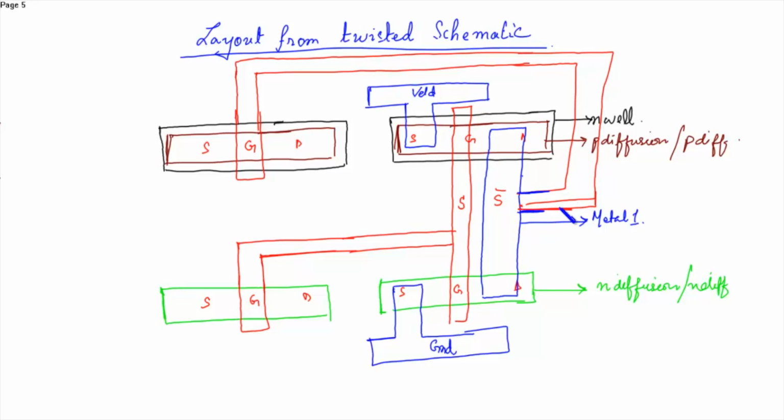So now this region needs a contact, that is the poly contact, and the poly contact is purple in color. So here this is the poly contact. When there is a connection between the metal layer and the poly layer, then you have to place a poly contact.